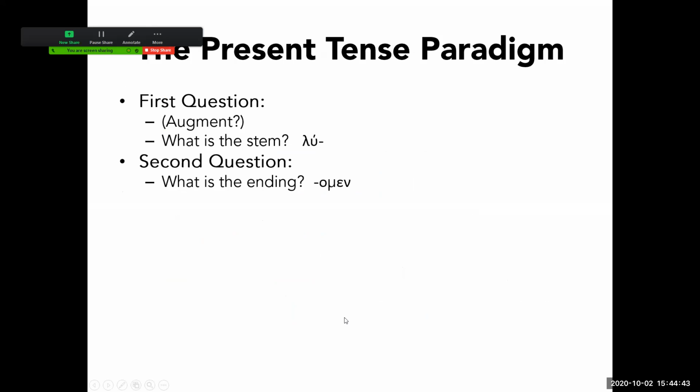And second question, what is the ending? What is the stem? Lu. What is the ending? Luomen. I know the stem lu, o, it means loose. So I know luomen is first person plural, means we are loosing, or simple present, we loose.